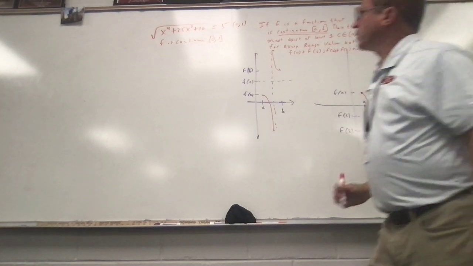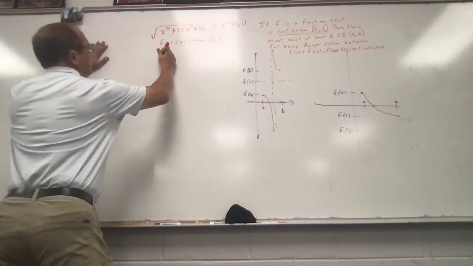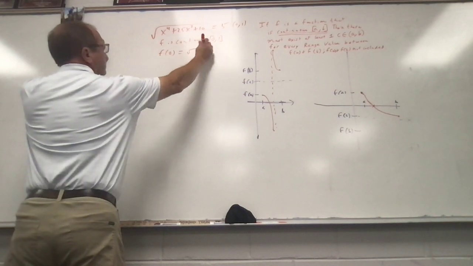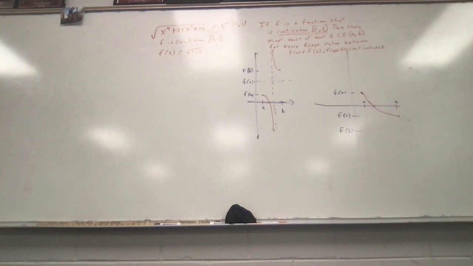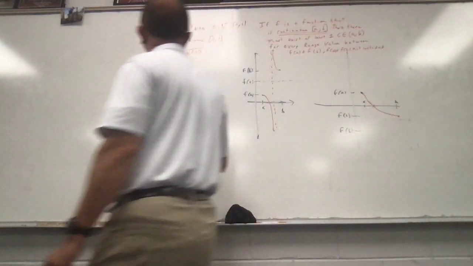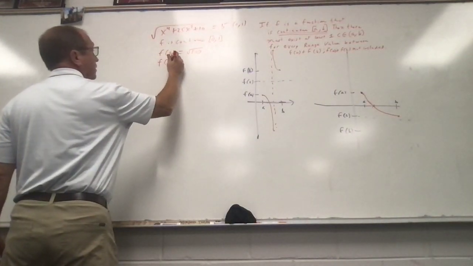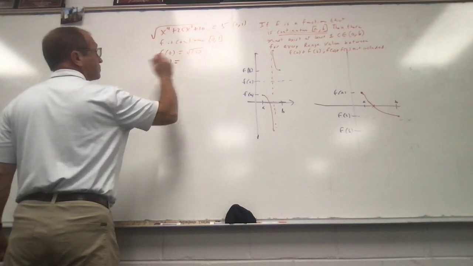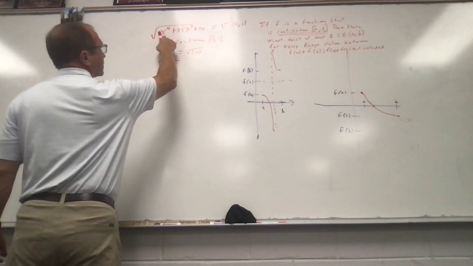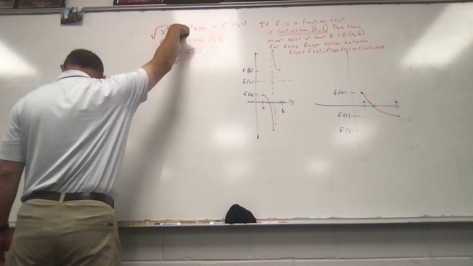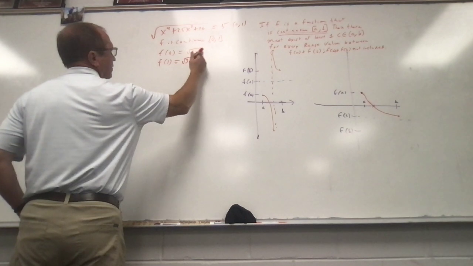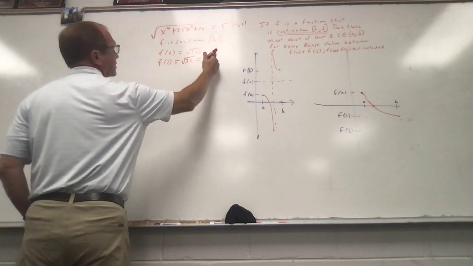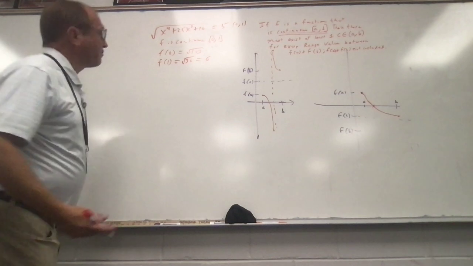Okay? So, what is f of 0? It's the square root of 10, right? F of 0 is the square root of 10. And then what is f of 1? Well, it's 1 plus 25, which is 26, plus 10, is 36. And what is the square root of 36? 6. So, does the intermediate value theorem apply here?